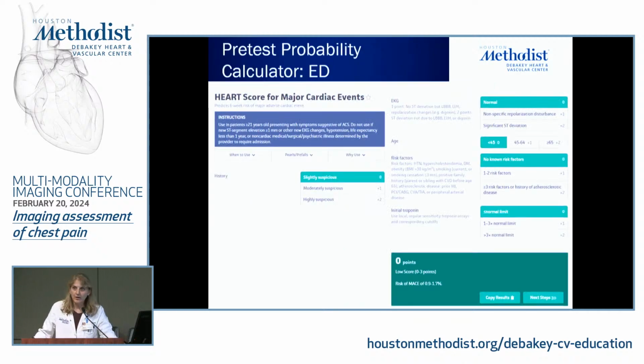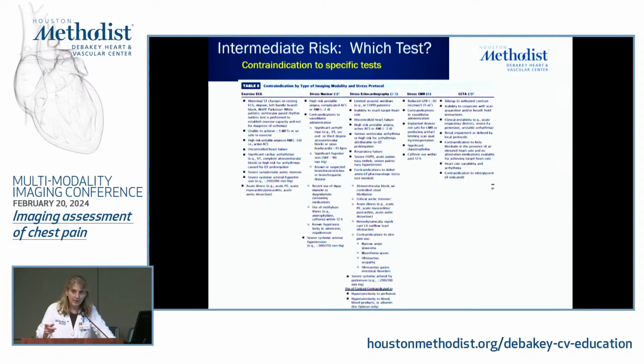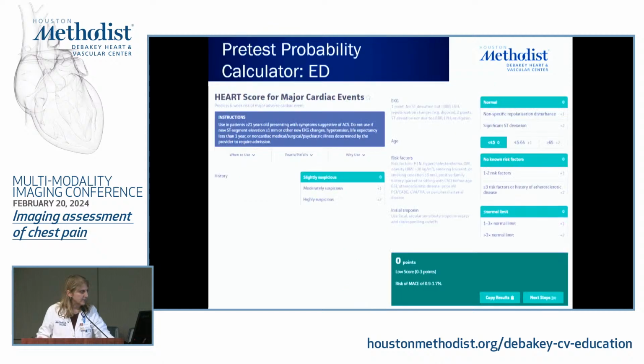So once you've gone through the patient comorbidities and you've gone through these contraindications, the next part is after that, we'll go through some specific cases where they highlight which tests were used based on the patient factors and the patient comorbidities. In the ED, the calculator that we use is a little bit different.